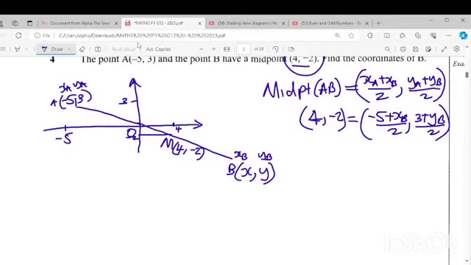On the midpoint, this belongs to x and this belongs to y. Same here. So we are going to equate this x to its fellow x, and this y to its fellow y.